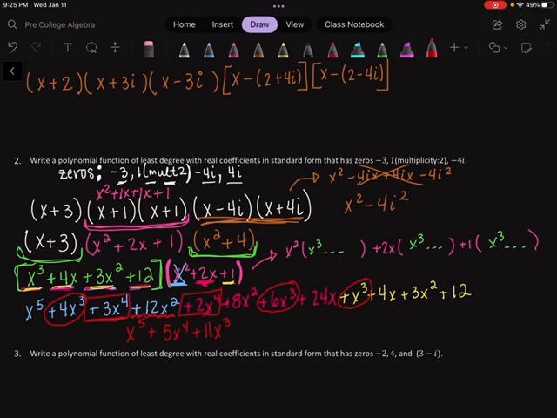So I am going to do a squiggle line under here. 12x squared, 3x squared, so positive 15x squared. Oh, I missed this guy. So not 15x squared: 12x squared plus 8x squared is 20x squared plus 3x squared is 23x squared.